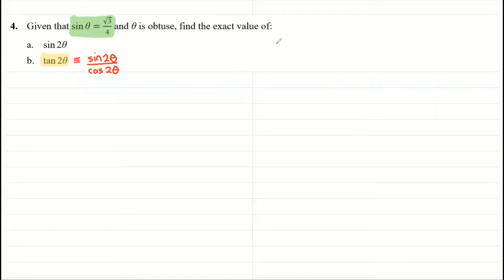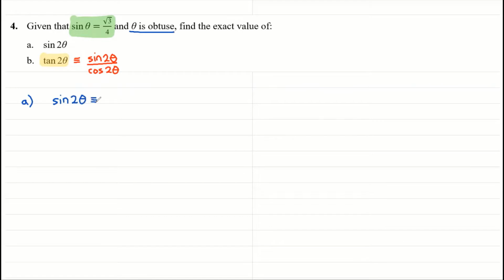So for part A, we're told that theta is an obtuse angle. And we also need to find out some key information. If we're using the sine 2 theta identity, then let me write it down to remind ourselves what we need.